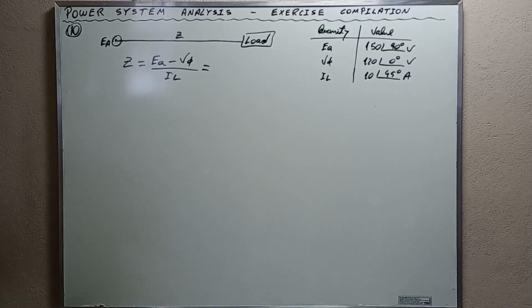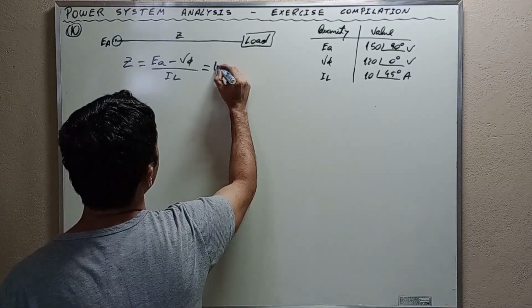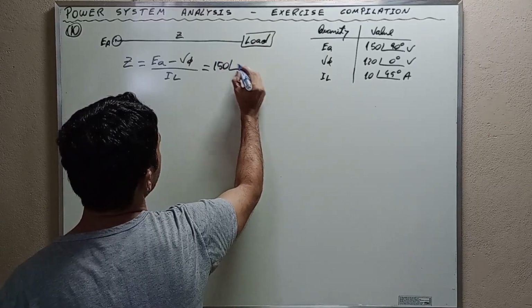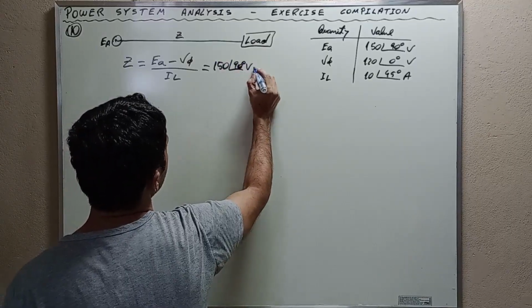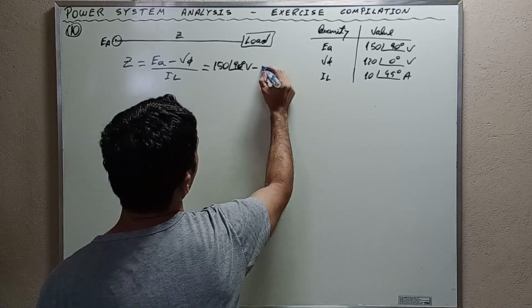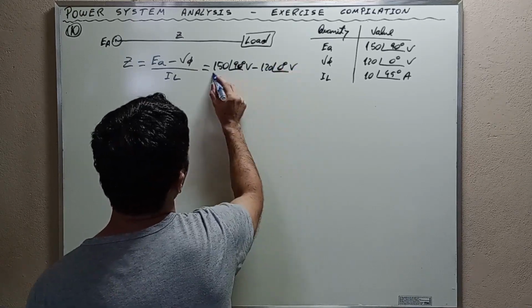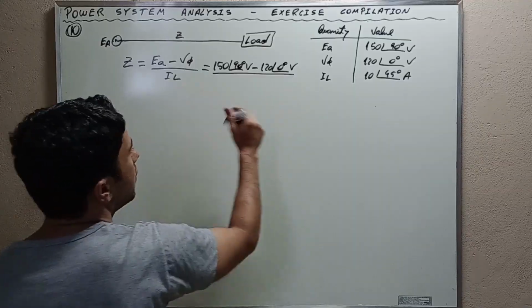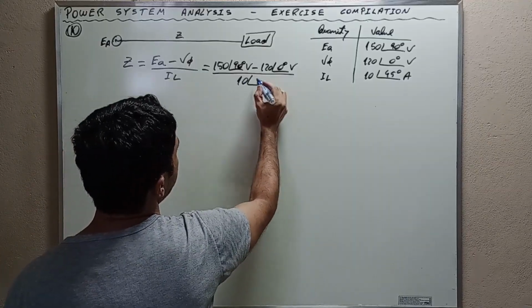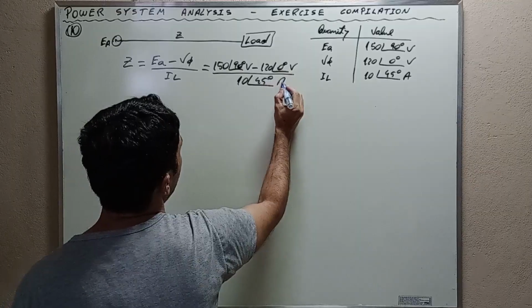All we need to do is to substitute the values. It is 150 phase 90 degrees volts minus V phi 120 phase 0 degrees volts, and this divided by the current 10 phase 45 degrees amps.